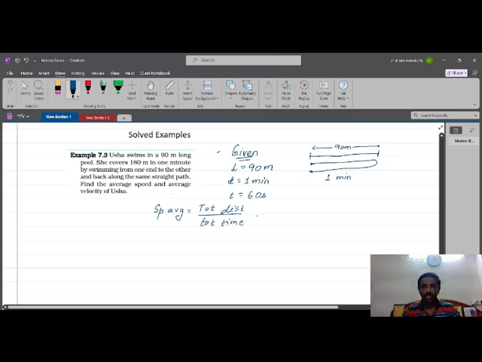Now it is already given that she covers 180 meter in 1 minute by swimming from one end to the other and back along the same straight path. So she is covering 180 meter in 1 minute. So her average speed turns out to be 3 meters per second.